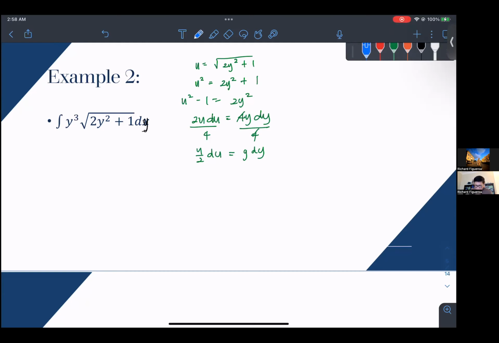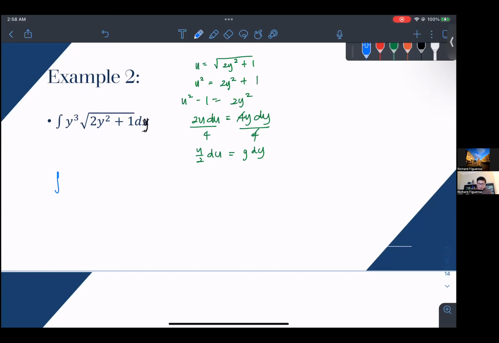So what I have here is y dy, and I have 2y squared as well. But for this given problem, we cannot just simply substitute y to y cubed, otherwise we'll have du raised to 3.